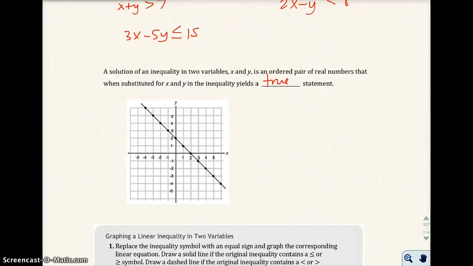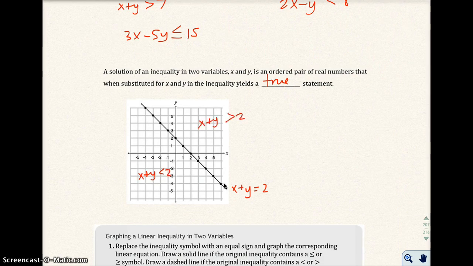Okay, so here is a line. This line is actually the line x plus y equals 2. On this side, it's going to be x plus y is less than 2, and this side is going to be x plus y is greater than 2.